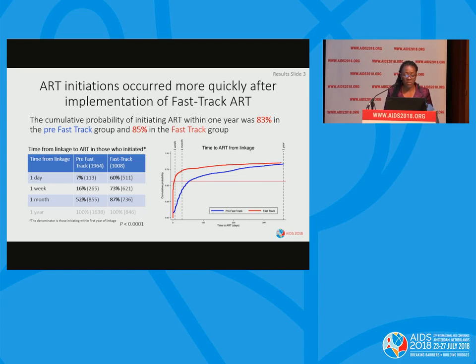Within a week, 16% had been initiated in the pre-fast track and 73% in the fast track. And by the end of the month, 52% were initiated during the pre-fast track and 87% during the fast track. The graph just shows the rapid uptake of ART within the week to a month in the fast track group.